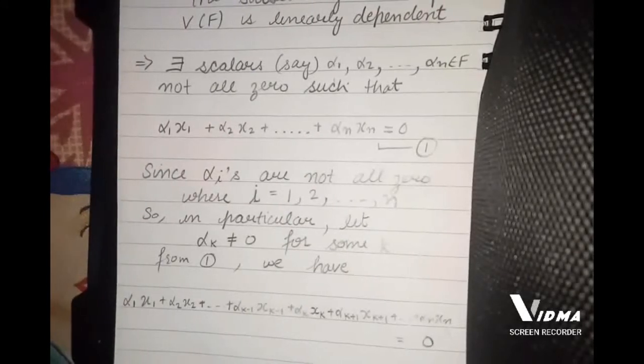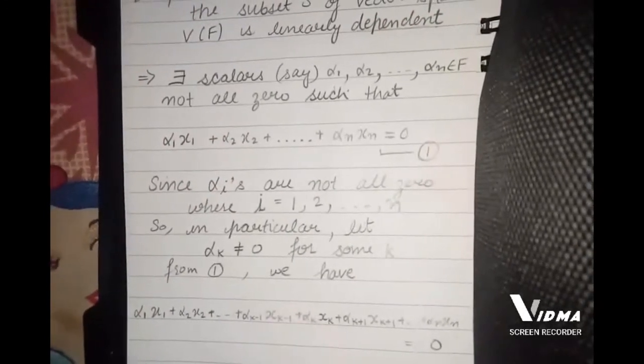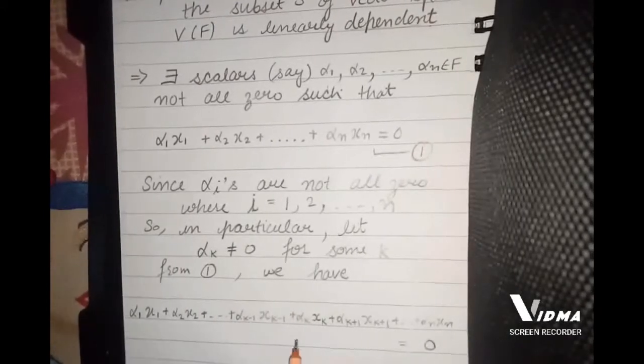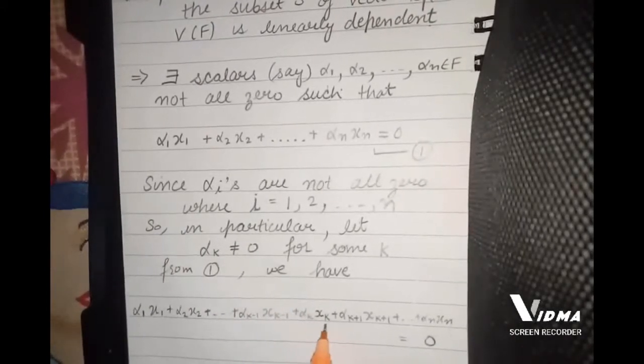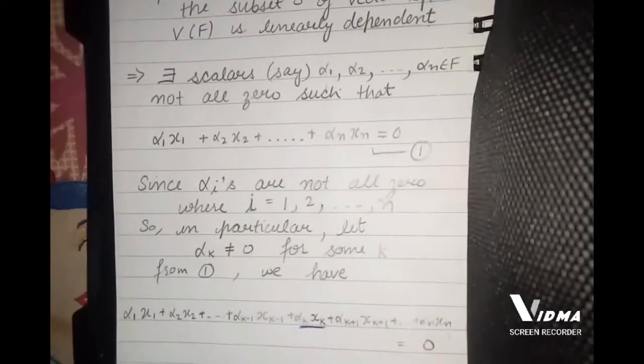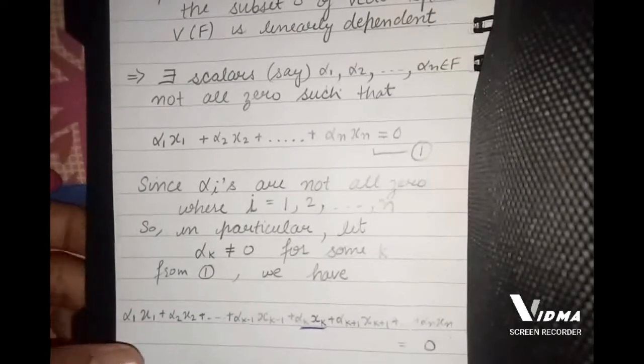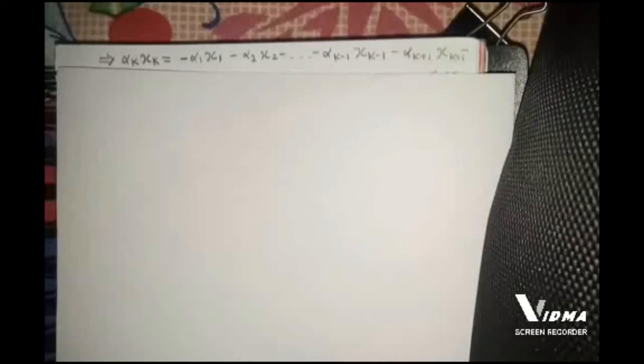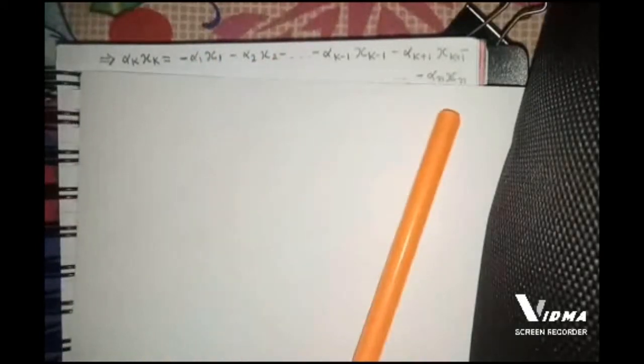Now my next step is that I'm going to keep this alpha k xk here and shift all the remaining terms to the right hand side. Let's see what happens. So the equation becomes alpha k xk equals minus alpha 1 x1 minus alpha 2 x2 and so on up to.